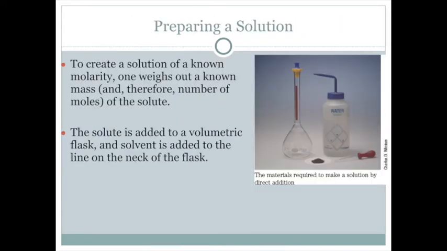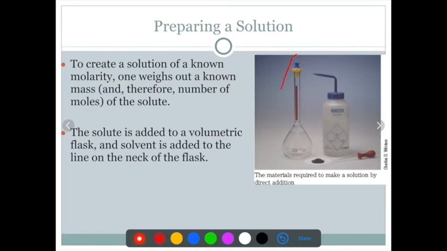Okay, and so 350 mL. So I would get what's called a 350 mL volumetric flask, I'm sorry, volumetric pipette. And so the volumetric pipette looks like that in the picture. So this right here is our volumetric pipette. Okay, so you can see this little line right here.